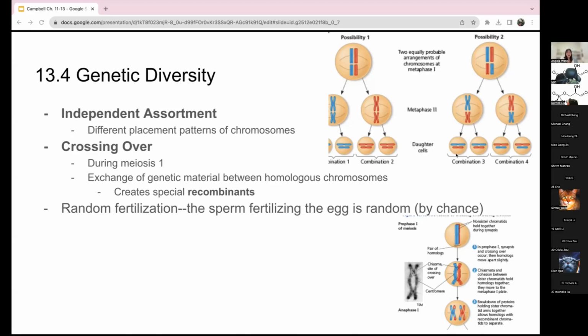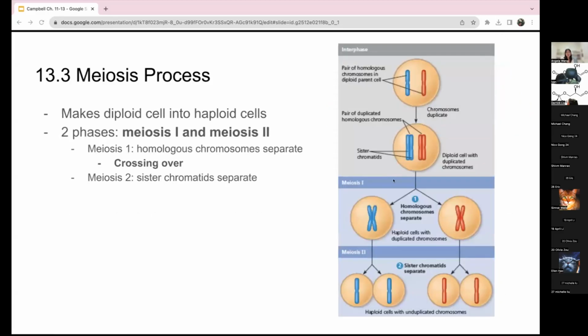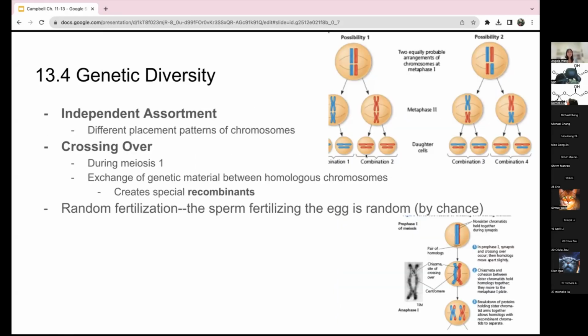The second way is crossing over, which is seen during meiosis 1. As we have talked about here, there's crossing over when the chromosomes line up like this. During crossing over, the genetic material between the homologous chromosomes is exchanged, and this creates recombinants that have slightly different genetic combinations, which are passed on to offspring.